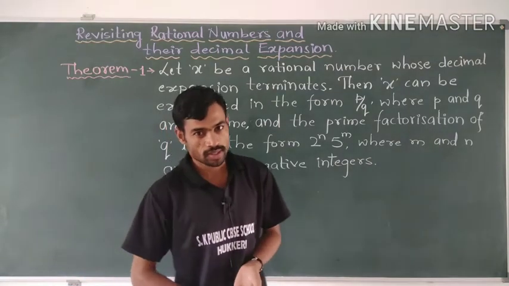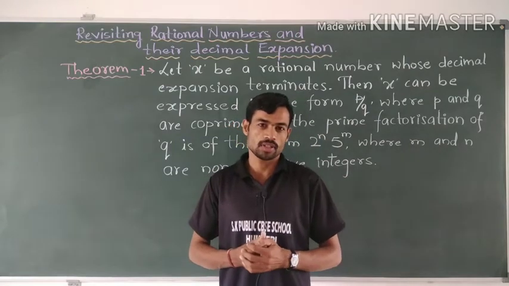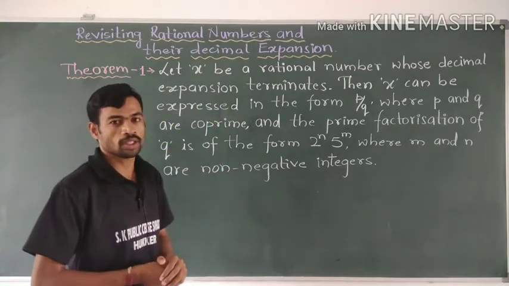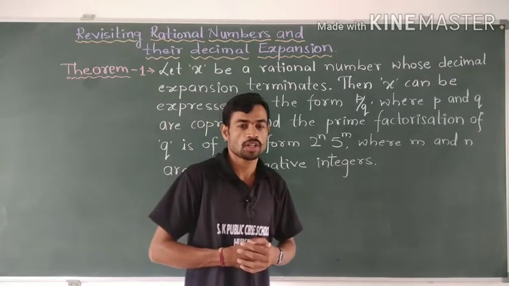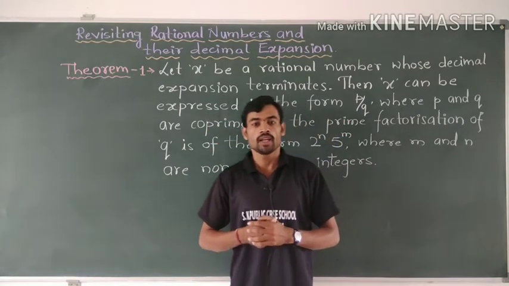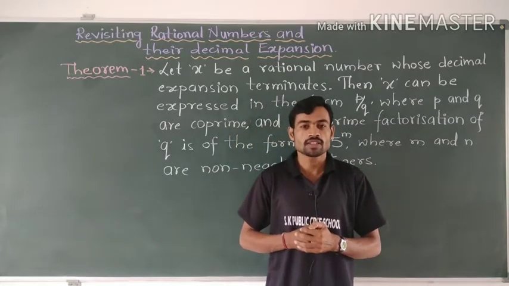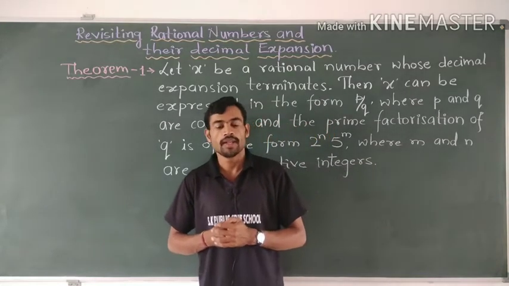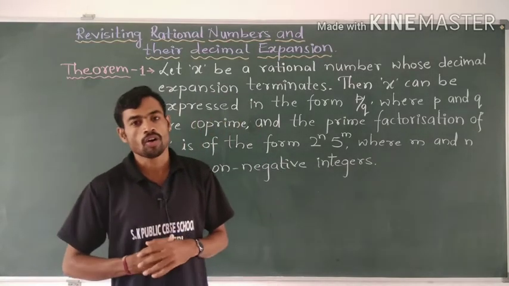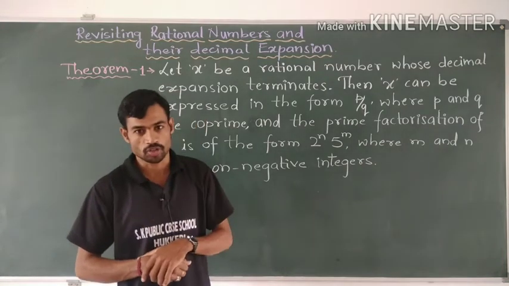So we have discussed the proofs of these irrational numbers, and today we have to discuss the decimal expansion of rational numbers. In class 9 you already studied that rational numbers have a decimal expansion that is either terminating or non-terminating repeating.